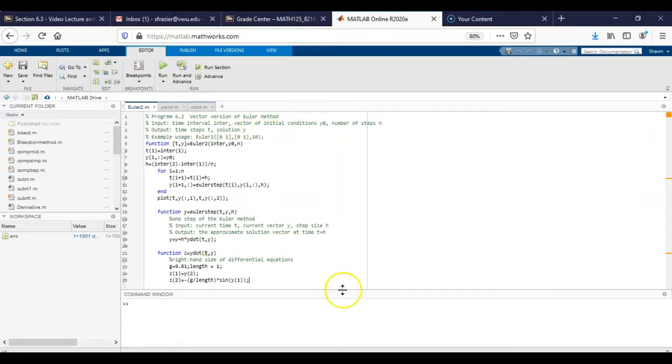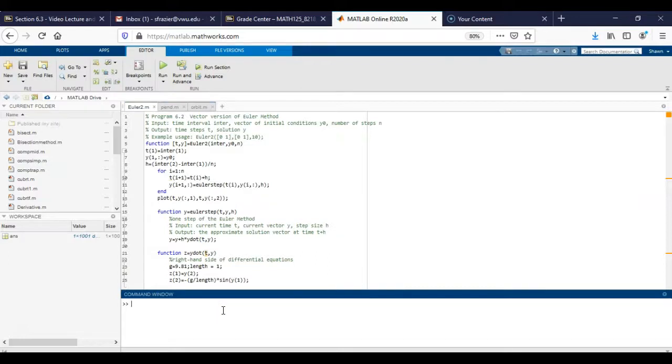All right, so let's look at the solution for, let's say we're going 0 to 10. Our initial condition is, what's that give us?